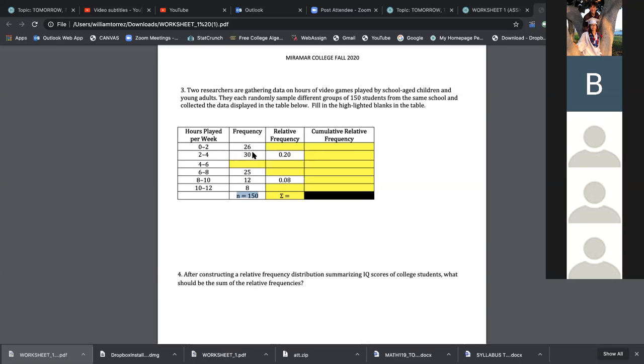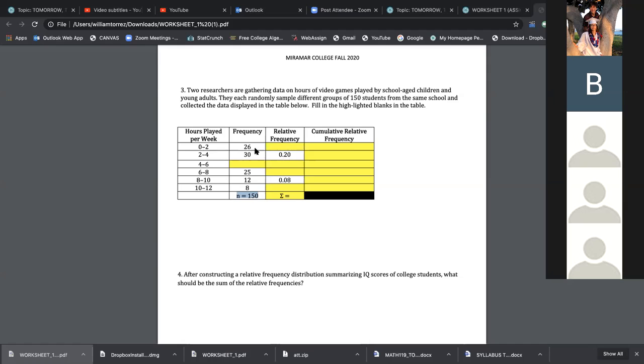So 20%, right? And how did you derive that? You took the 30 and you divided it by 150, and that gave us a relative frequency of 30 over 150, which would be 0.20. You see that?